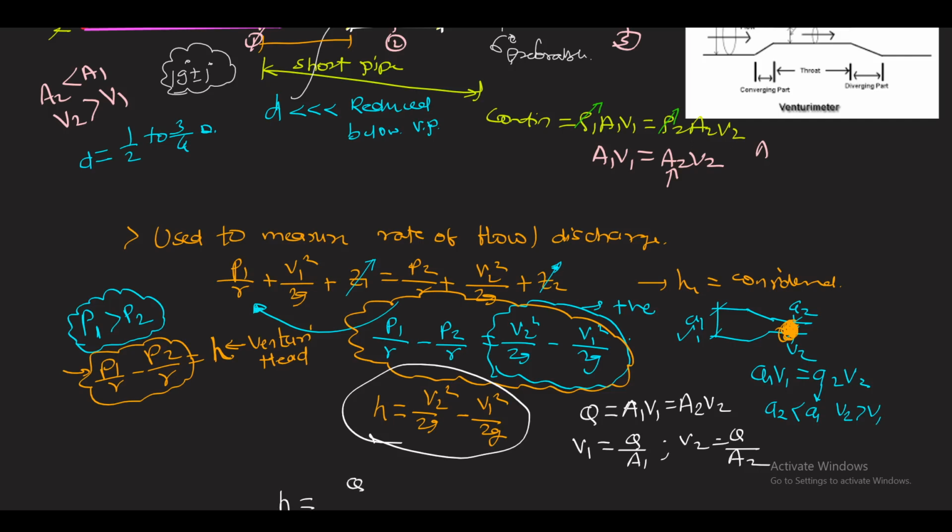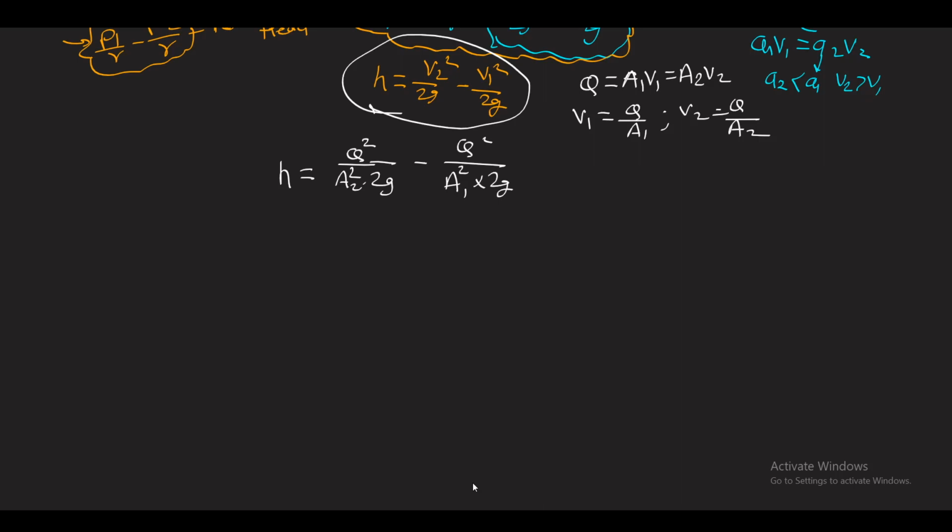That is Q upon A2, this square, upon twice G, minus, what is the value of V1? That is Q upon A1, square, upon twice G. So this is the equation that I get when I use the continuity equation, that is H is equals to Q square upon A2 square twice G minus Q square upon A1 square into twice G. So twice G is common, I can write it like this.